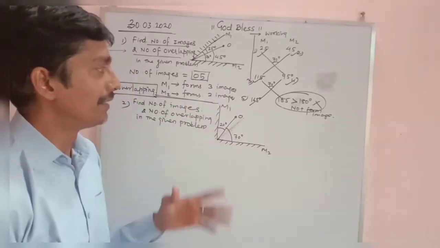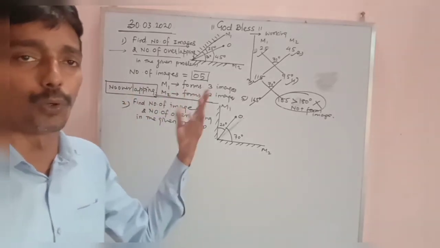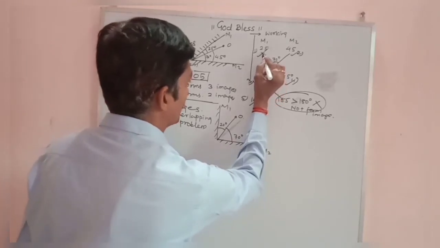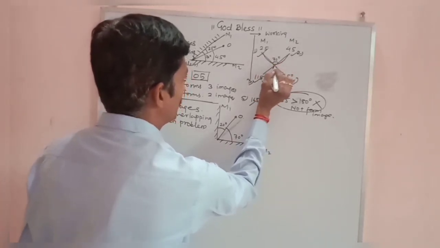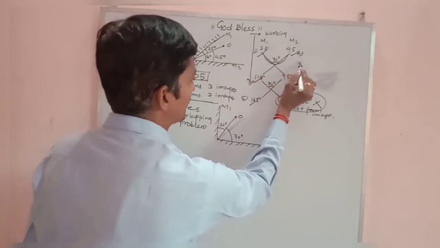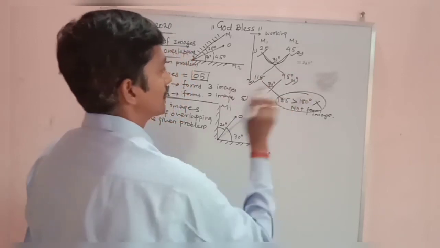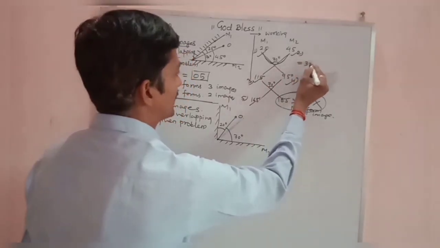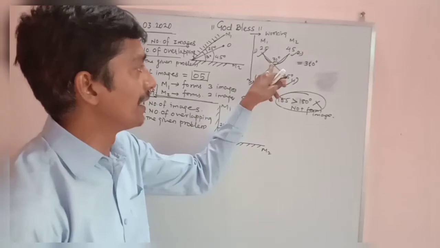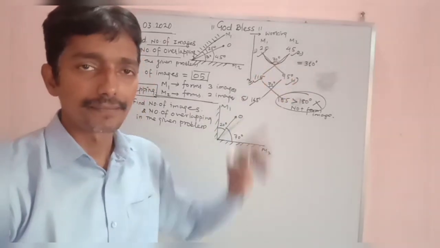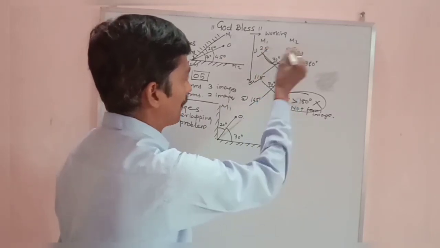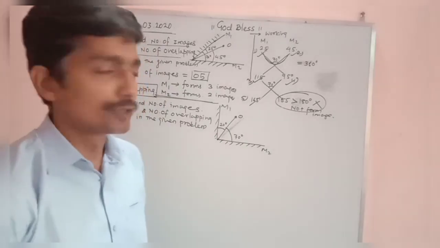How will we decide whether there is overlapping or no overlapping? My dear, if the sum of these angles, here you can see 25, 70 and 45, becomes 360 degree, then we will say there is overlapping between these two images, that is the image at 25 and the image at 45, they are overlapping.